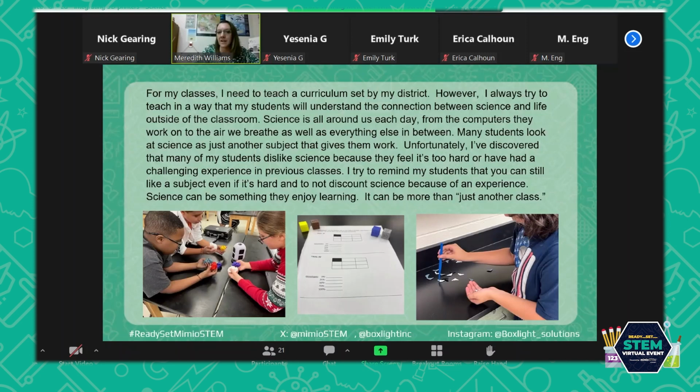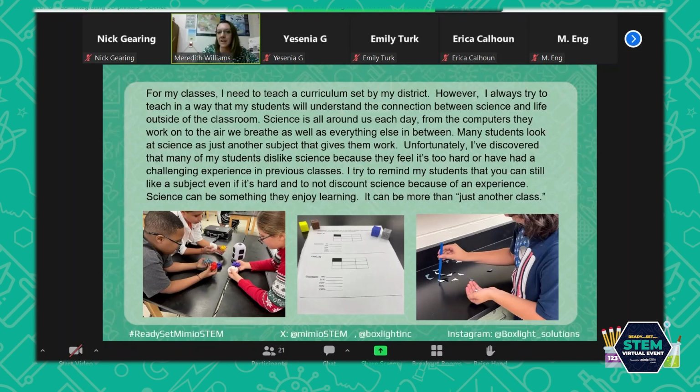That's a hard concept for students to understand, that science is all around us. They walk into science and say, science is hard, I hate this subject. Well, I try to break that by letting them know that science is everywhere and it's not just strictly in a textbook. I remind my students that we can still have challenging experiences, but be able to grow from those.